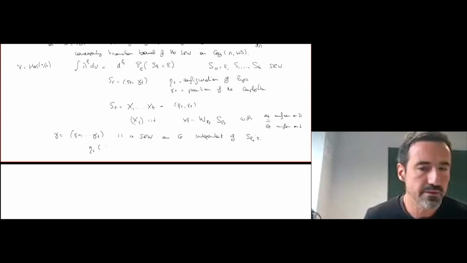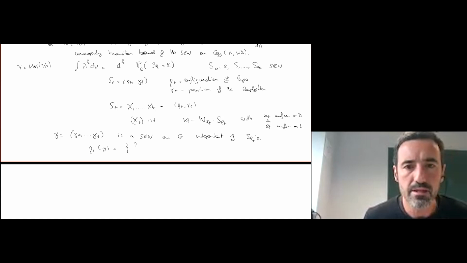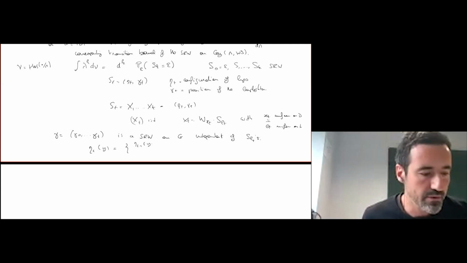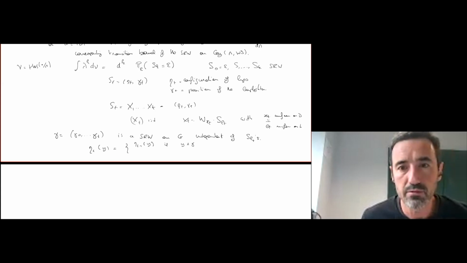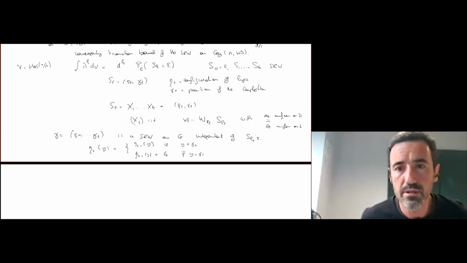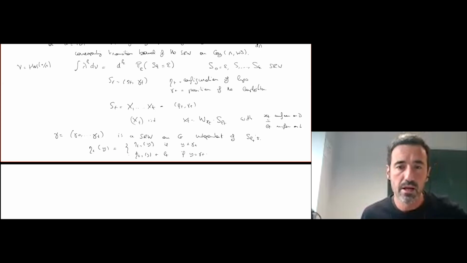And eta t of y, the configuration at time t, will be equal to eta t minus 1 of y if y is different from the current position of the walker, and it will be equal to eta of t minus 1 plus l_t if y is equal to gamma t. So at each step you only update the configuration of the lamps at the position of the walker.